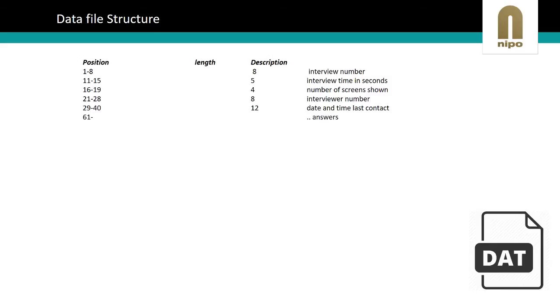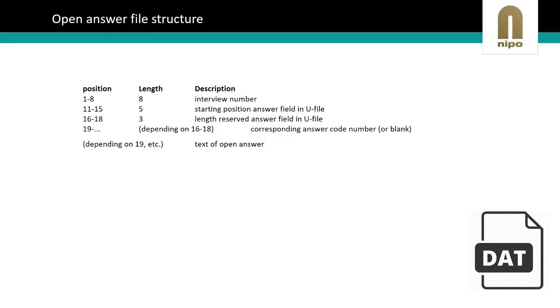Data file structure. Next one is the open answer file structure. This is also really simple. Interview number, starting position. So this is a relation with the data file and the length of the data field, and then if there's an answer code, and then the text.